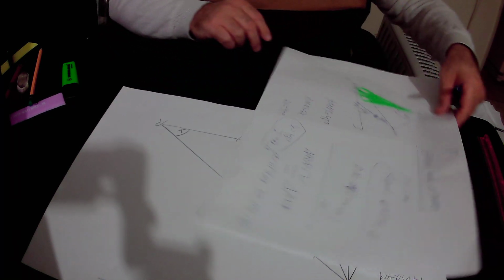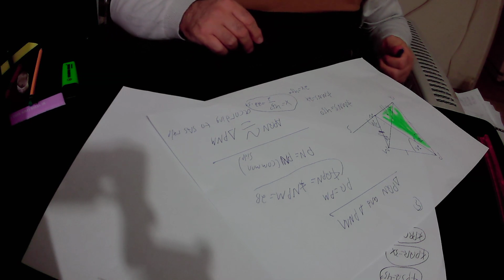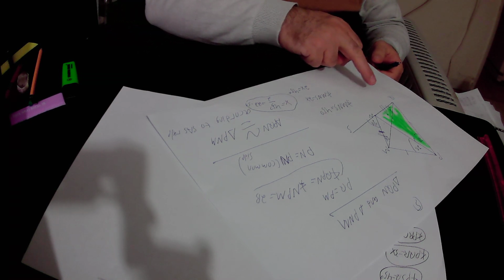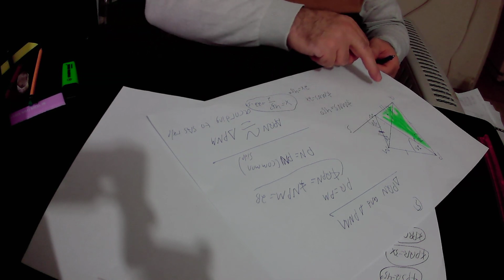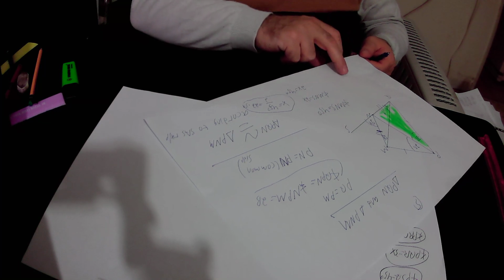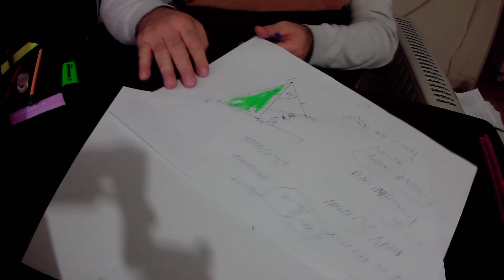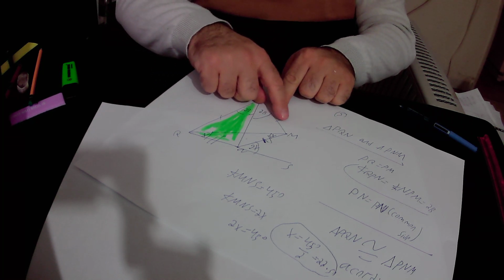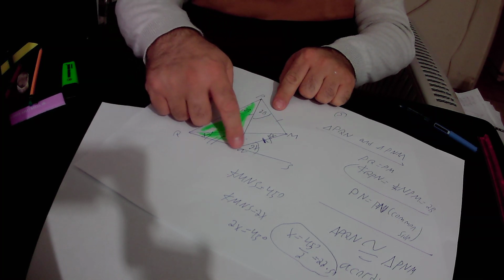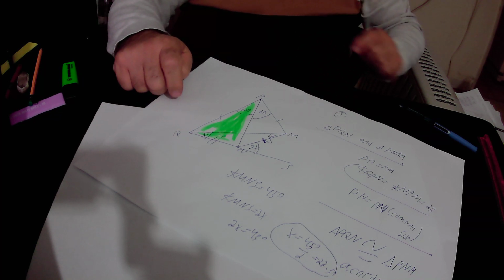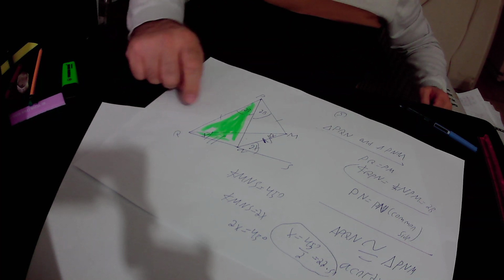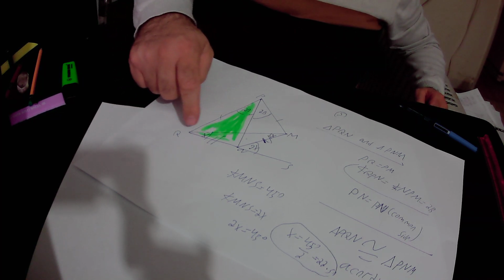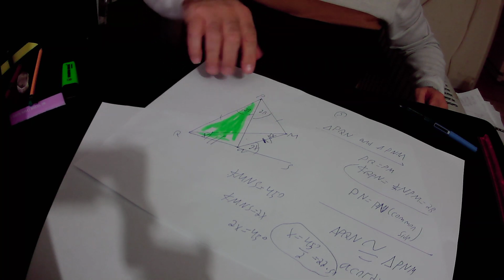PN equals MN. Okay, from the fact that those two triangles can go into each other, we will conclude that MN equals NQ. Okay, but angle MQN equals x.